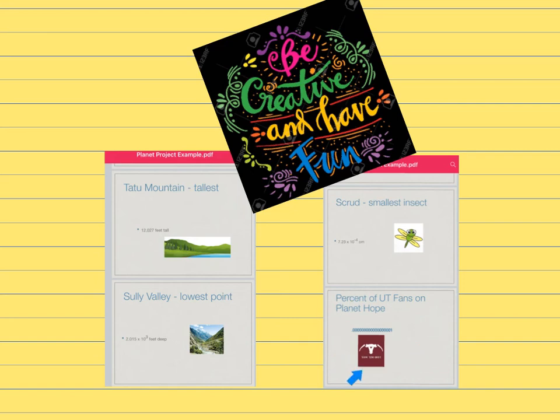And again, this person did something creative and kind of fun and unique. They said the percent of UT fans on their planet. And if you know about colleges in Texas, you can tell this fan is an A&M fan. So again, be creative and have fun.